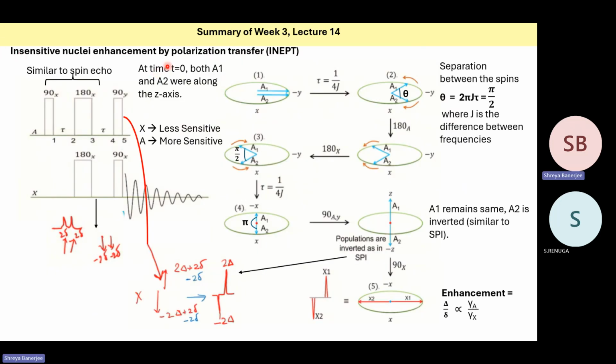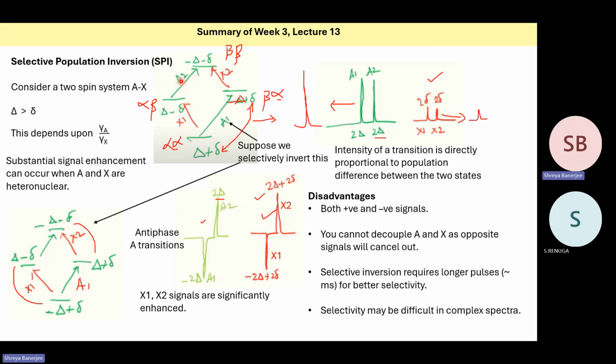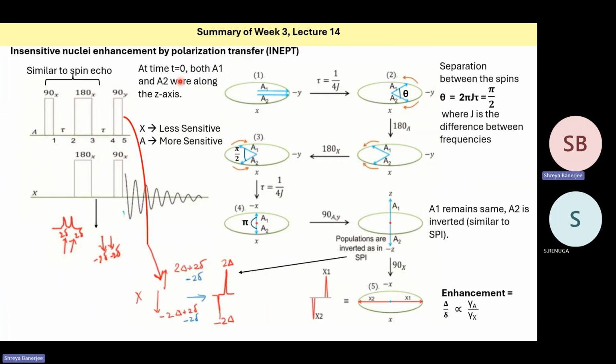There are so many disadvantages of the SPI. So another method to improve this was introduced that was called INEPT. That is insensitive nuclei enhancement by polarization transfer. So we'll slowly go through what happens in INEPT.